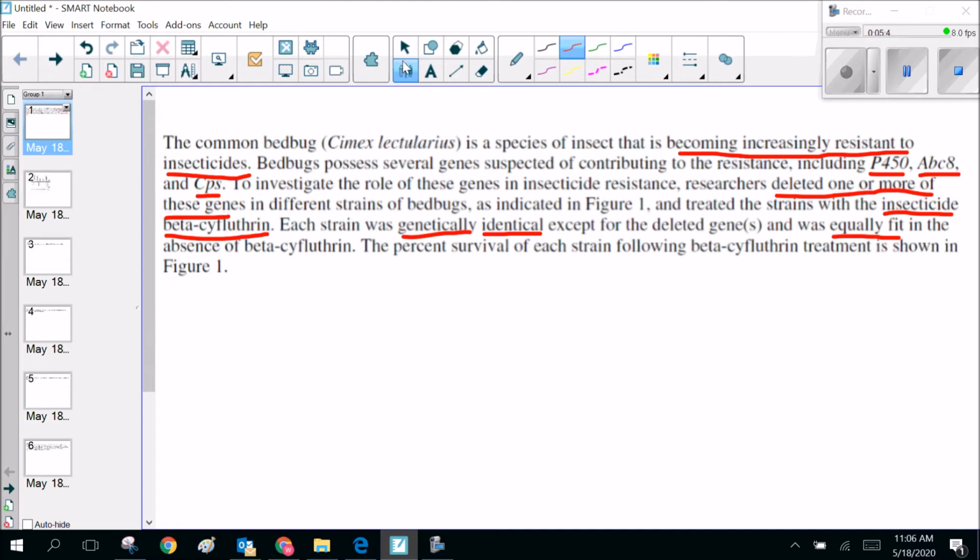Now, before we move to the figure, these are some of the things that I would recommend doing with this. One, when they present this information to you, they're going to present it in very technical language, the language of science, of biology and AP. One of the best things you can do is translate this into your own words to make it more accessible.